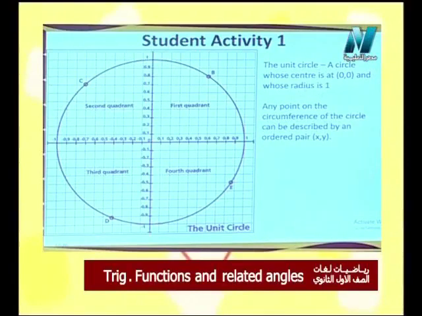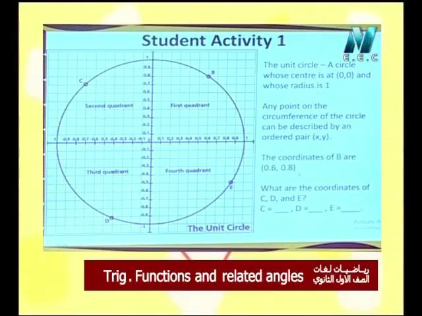And the radius equals 1. Any point on the circle, we call it X and Y because they are coordinates. So the ordered pair equals X and Y. Like B equals 0.6 and 0.8 here. X equals 0.6 and Y equals 0.8. Okay.